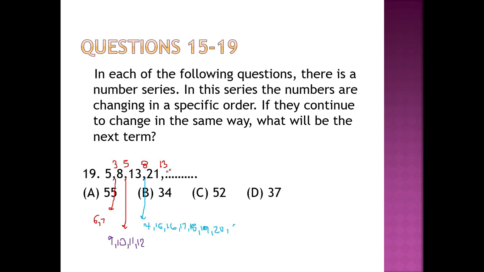So I'm just going to add these two. So we have 34. And 34 is there. So I would select 34 to be my answer because it's the only pattern that I can observe in what is here, right?